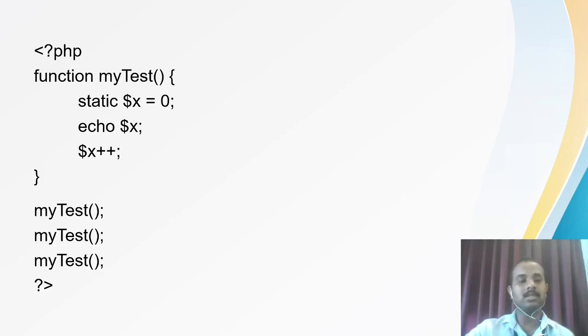So here I have function myTest, and inside that I am making x static. So now x is a static variable. $x is equal to 0, echo $x, and then I am incrementing it. So when I call the test function again, the value of $x will be present.